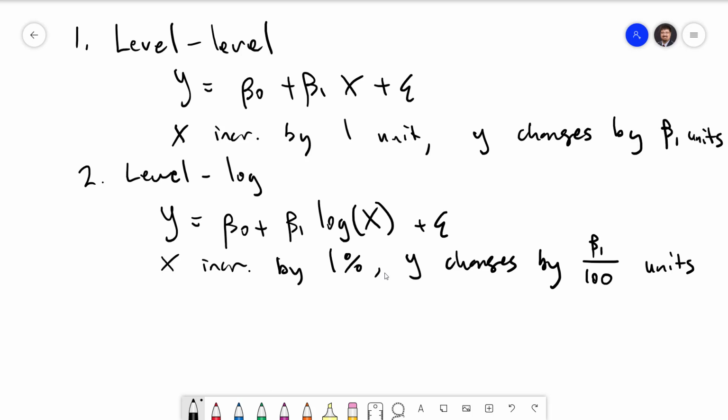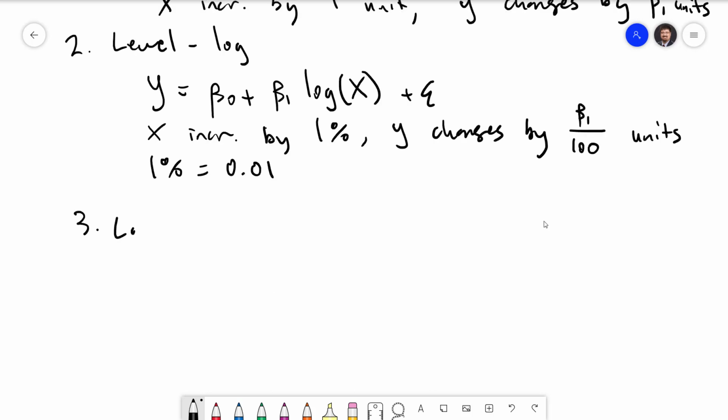Let's break this down a little bit. Since x has the log on it, then x has the percentage change interpretation, but here y does not have a log, so that's still going to be changes in units. However, we need to convert from percents into not percents by dividing by 100 because 1% equals 0.01.